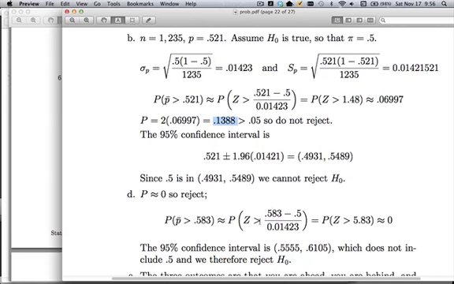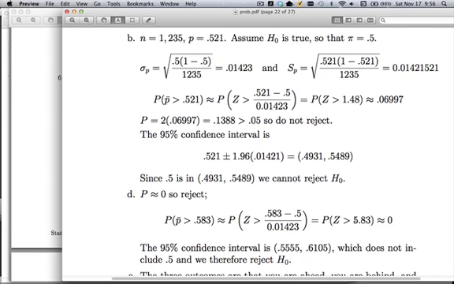Well, it's approximately equal to the chance that I have a z greater than 0.583 minus the mean. Now notice the standard deviation of the distribution doesn't change. I'm still using 0.01423 because we've assumed the null hypothesis is true, and that standard deviation of p is based on 0.5. It's not based on the sample value.